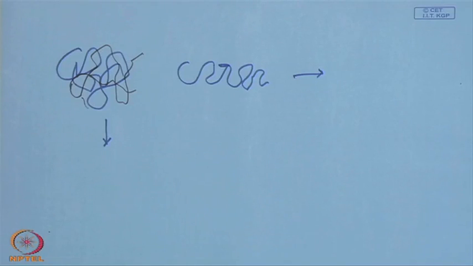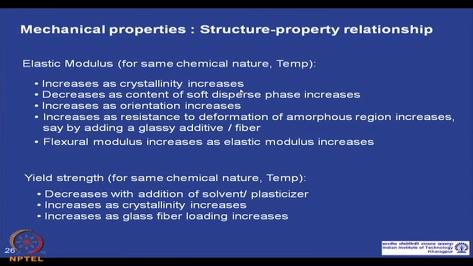So, orientation increases modulus. And for a semi-crystalline polymer, if we add some glassy additives like glass fibers in the amorphous region, then the elastic modulus goes up. Flexural modulus generally goes hand in hand with elastic modulus. So, with an increase in elastic modulus of a plastic material, flexural modulus or bending modulus also goes up.